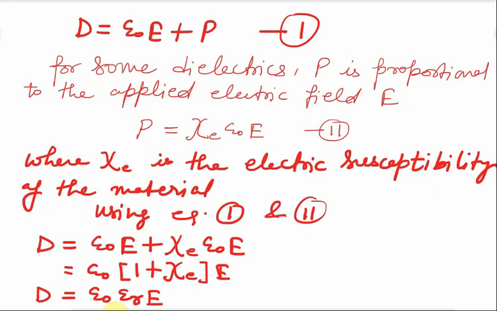Now this epsilon 0 into epsilon R, that is absolute permittivity into relative permittivity, can be written as the permittivity of the dielectric medium.